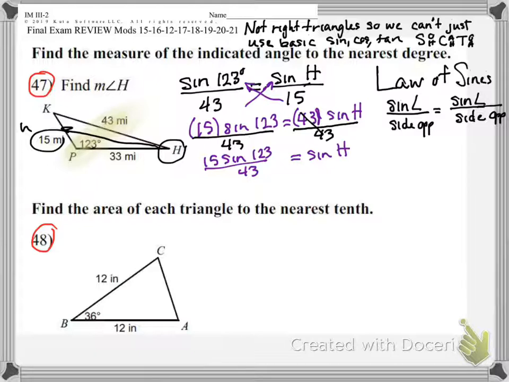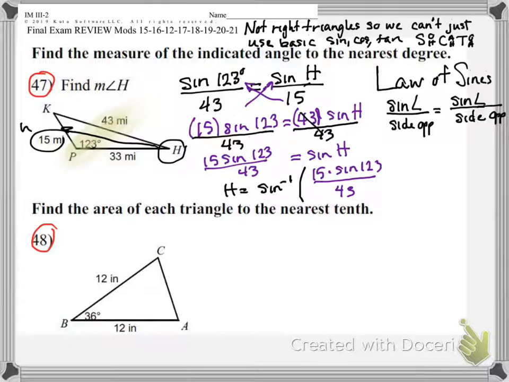In order to get the h out of its sine, I have to do h equals the inverse sine, which is usually a little shift or second button on your calculator, and then push the sine button, of all of this stuff I have over here. This 15 times sine 123 divided by 43.